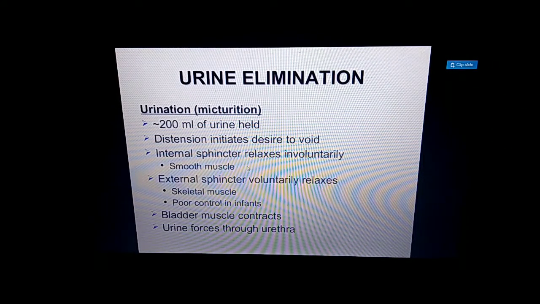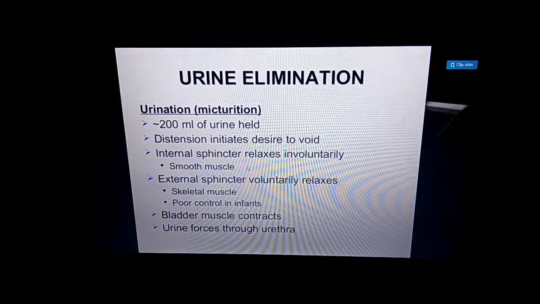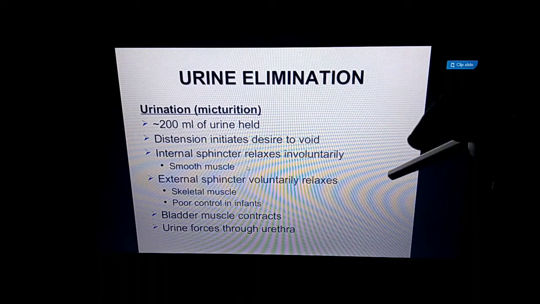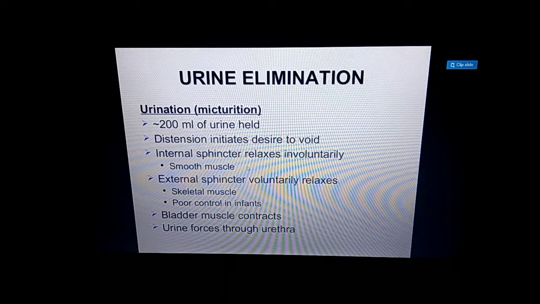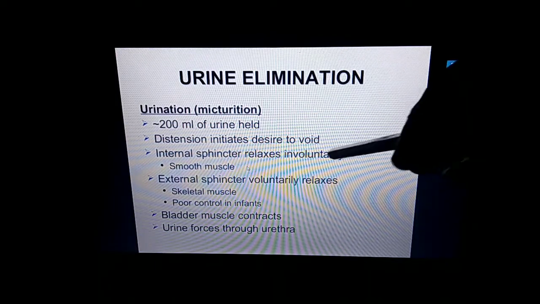If urine elimination is less than 500, or 500 to 1000 ml, the patient has oliguria. If the patient has difficulty in passing urine, that is known as dysuria.